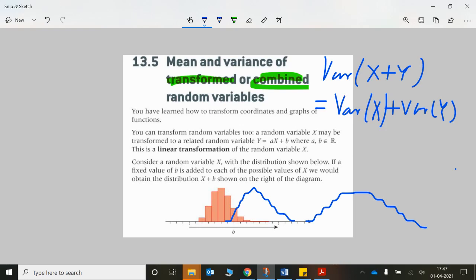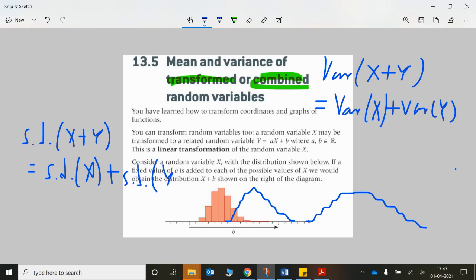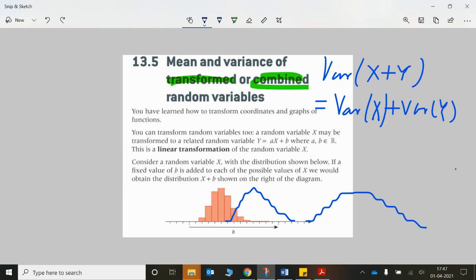Now that's slightly different to saying the standard deviation of x plus y is equal to the standard deviation of x plus the standard deviation of y. In fact, that's not true. So that's the rule which is linking these two things here. We'll come on to that a little bit more in a second.